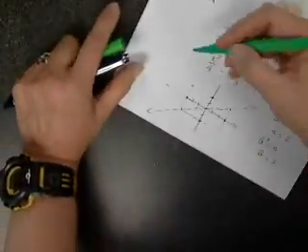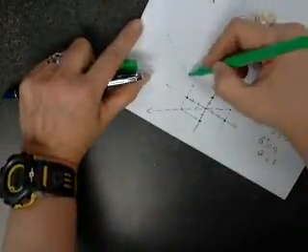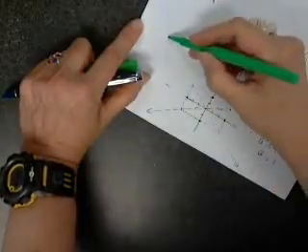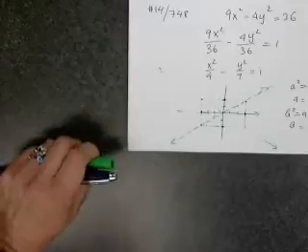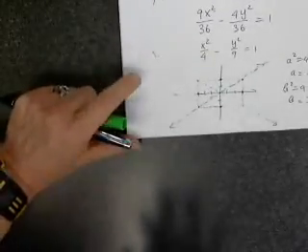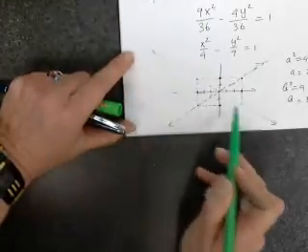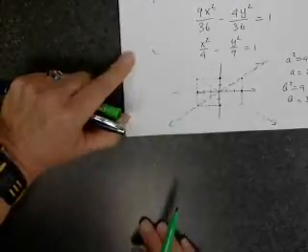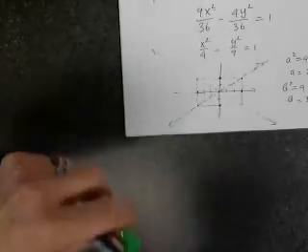The same thing on the other side. I know, only 2 minutes. I'll stop, but we'll finish on Wednesday. So these 2 lines are the slant asymptotes of the hyperbola.